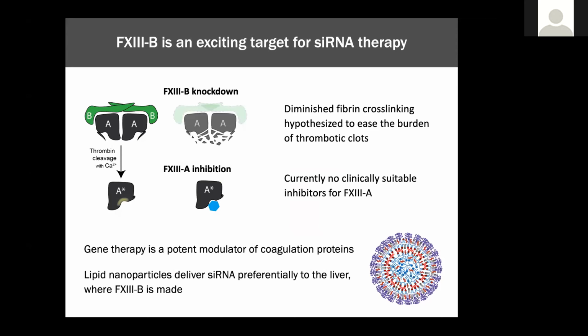Because the B subunit is integral to the stabilization of the A subunit in circulation, factor 13B knockdown would destabilize the A subunit and cause its depletion from plasma. Factor 13B is a prime target for siRNA therapy. RNAi has previously been shown to be a potent modulator of coagulation. In this work, we use a lipid nanoparticle to deliver our siRNA preferentially to the liver, where factor 13B is made.